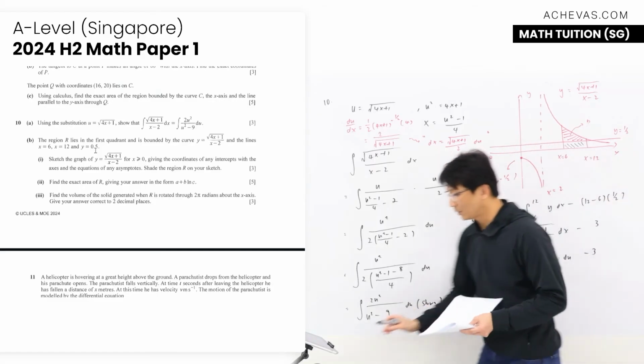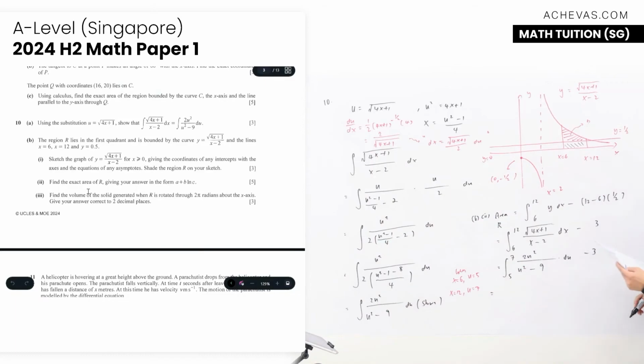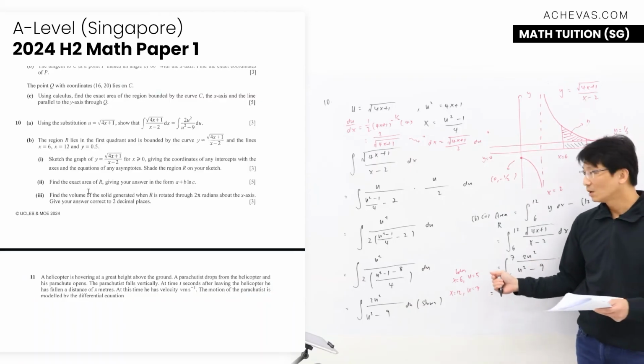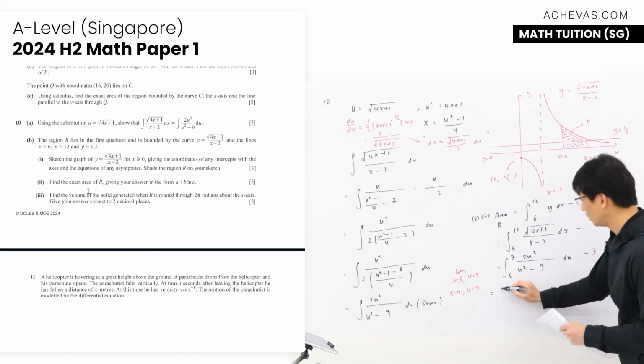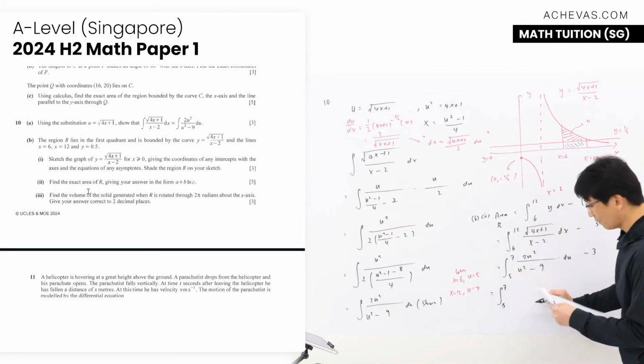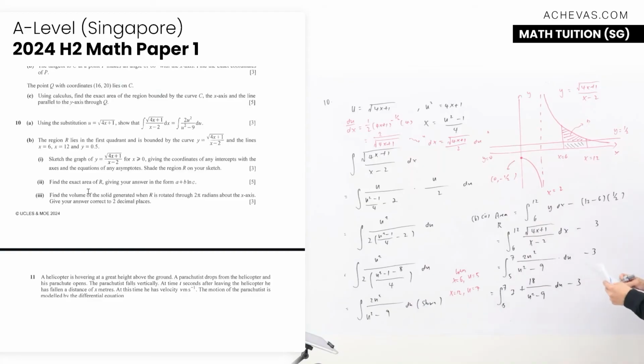Alright, but we are supposed to do it manually because the question asks for exact area. So first and foremost, I think I'm going to do a long division because this is an improper fraction. So I cannot just integrate directly. I'll just do a long division, which will give me integration from 5 to 7 of 2 plus 18 over u squared minus 9 du minus 3.